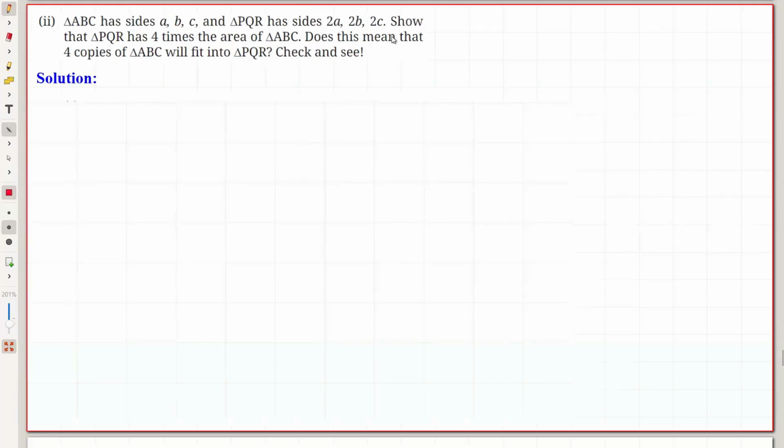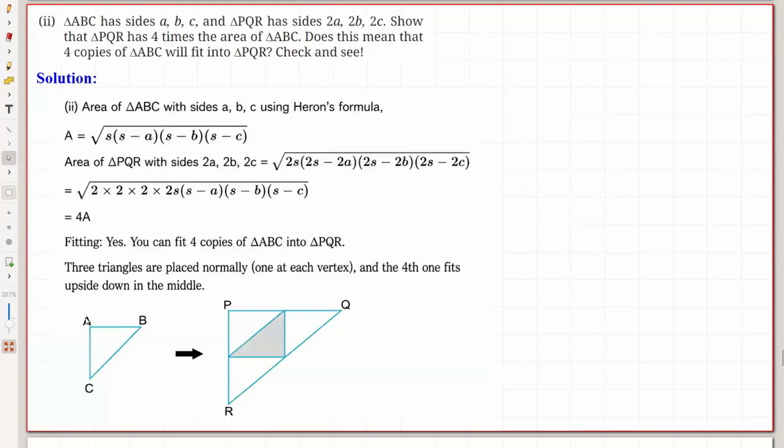Does this mean that 4 copies of triangle ABC will fit into triangle PQR? Check and see. First I'm taking the diagram of triangle ABC with sides A, B, C.